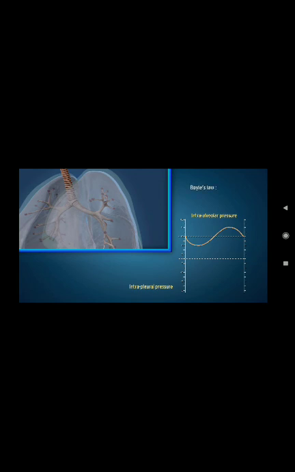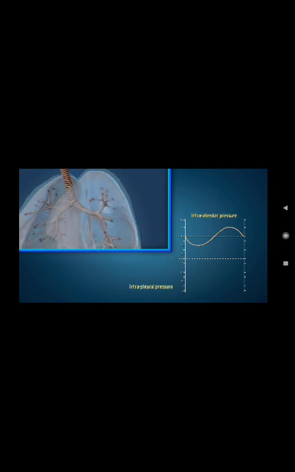According to Boyle's law, pressure is inversely proportional to volume. Hence, due to increase in volume of the thoracic cavity, there is decrease in its pressure, thereby creating a negative intrapleural pressure. Normal intrapleural pressure is about -2.5 mm of mercury.